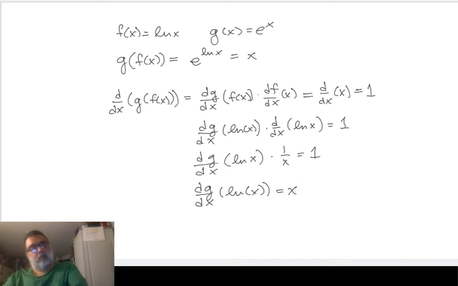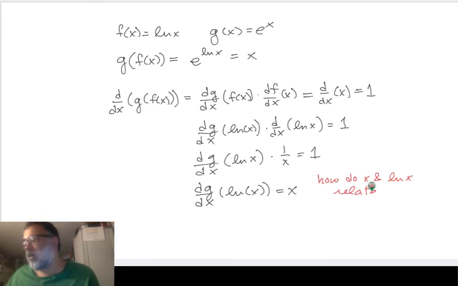right? But we're saying it's the function that when you put in ln of x, you get x out. That means it has to be the inverse function of ln of x. But what is the inverse function of ln of x? It is e to the x. So we could stop and say we know there. If we don't, this is the spot where we have to think, how do x and natural log of x relate?